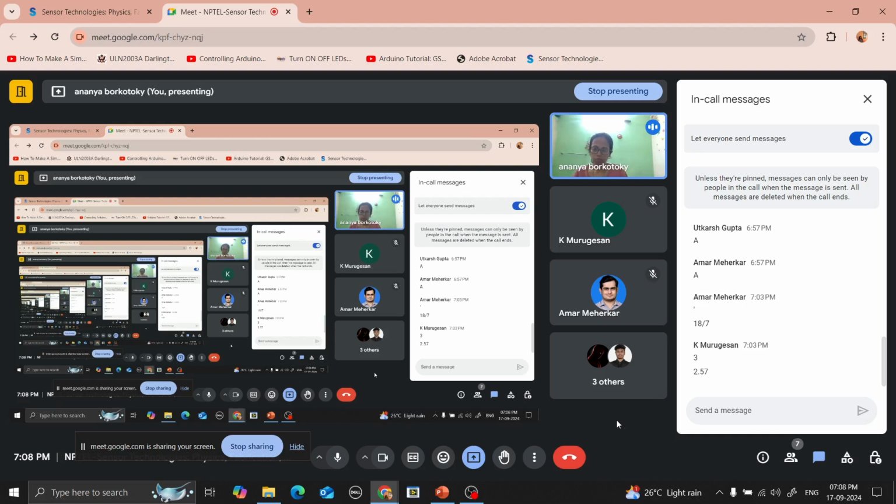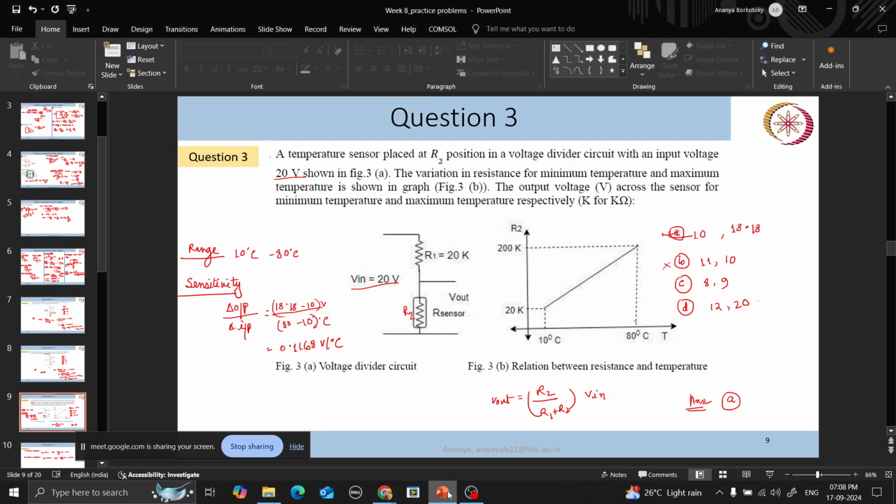If it is a simple sensor question, and you are asked to calculate sensitivity, the voltage divider circuit part will not be given. In that case you can do the calculation for sensitivity as delta R by delta T.